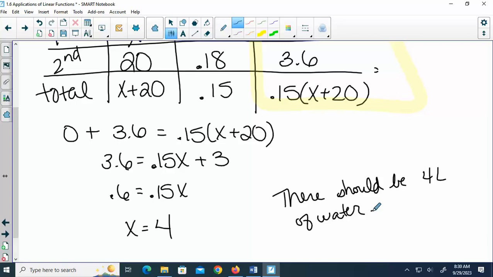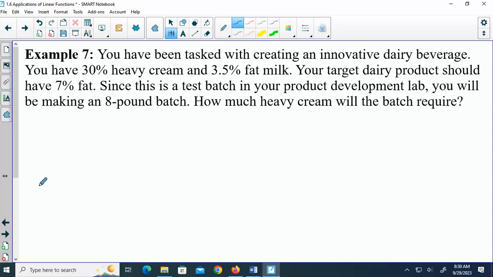We're probably going to do, let's look at another one. The next one I have is slightly different. A little more wordy here. Not quite as straightforward as the last couple.